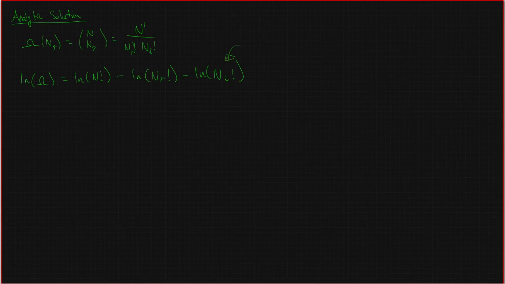And we can rewrite N down as N minus N up, because the number of oscillators is constrained here. We're not taking them in or putting them out in any way, shape, or form. Okay, so we can approximate this as we always do, just using good old Stirling.